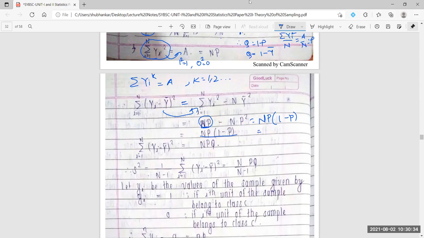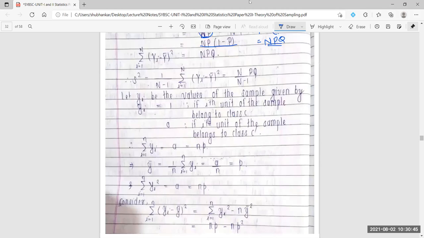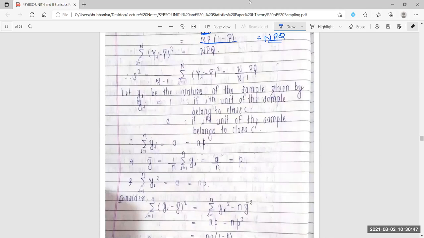So 1 minus P means Q, so nPQ. So the sum of squares of deviations taken from the arithmetic mean is equal to nPQ. Then S square is 1 upon n minus 1 into the sum of squares of deviations from the arithmetic mean, which is 1 upon n minus 1 times nPQ, so this is n upon n minus 1 times PQ.